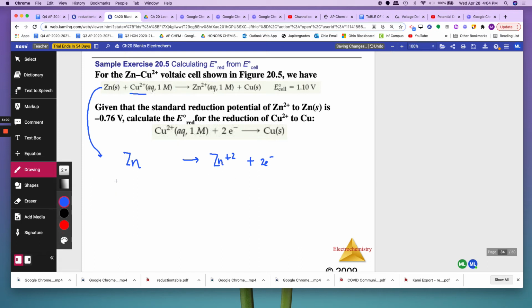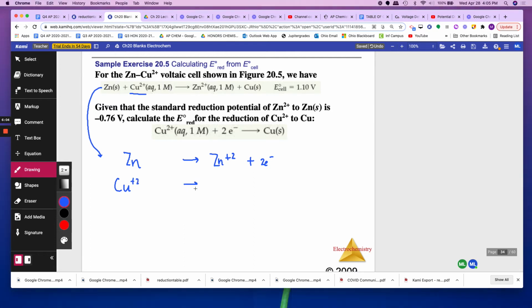Copper plus 2 is becoming copper, 0. So this is gaining 2 electrons. Okay, so zinc is becoming oxidized. What about copper? It's getting electrons, so it's going to get reduced.